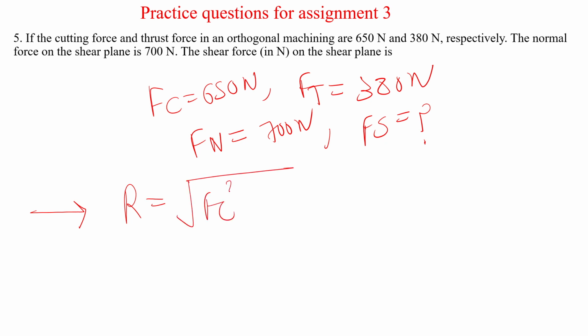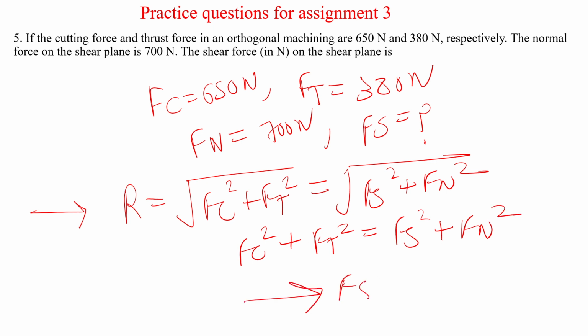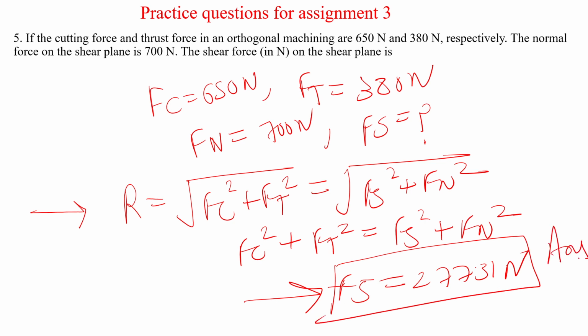Fc square plus Ft square is equal to Fs square plus Fn square. So you just need to find Fs. How much did you get? 277.31. This is the answer. Please everyone check. Is this okay with everyone?